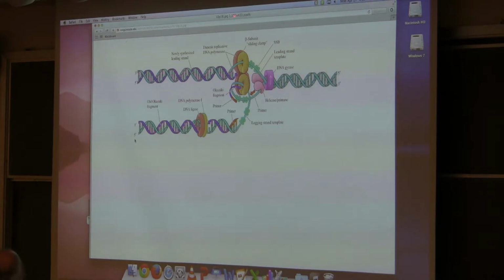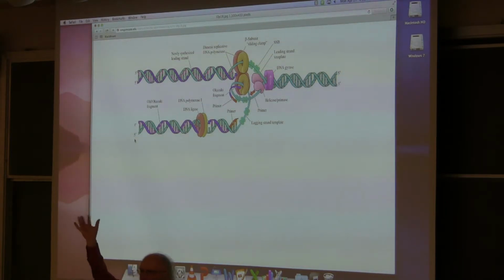And it's this protein that's attached to what we call the beta clamp. The beta clamp has a very simple function. First of all, the beta clamp binds to polymerase 3. The second thing that the beta clamp does is the following. The beta clamp looks like this, and it does this.